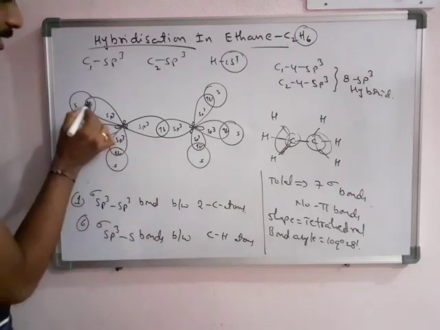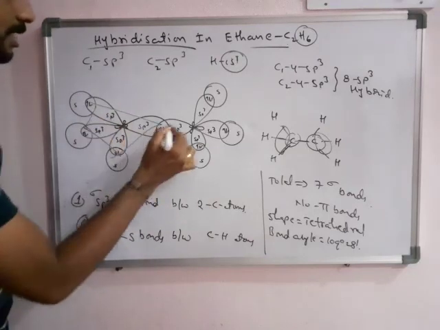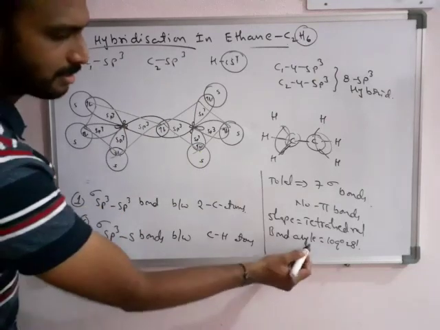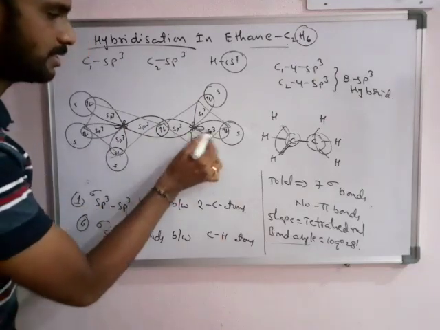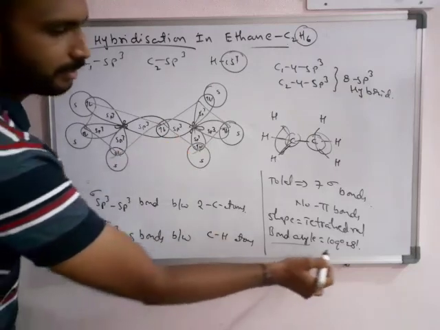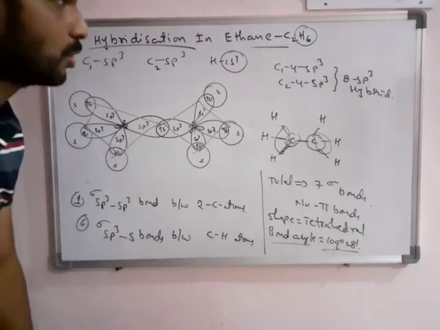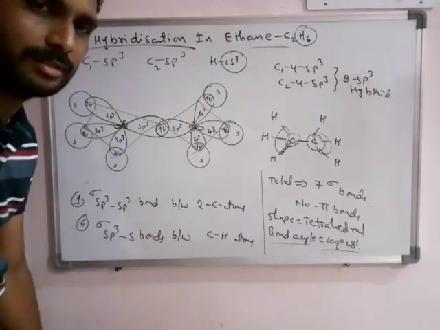Here, tetrahedral means this is one tetrahedral and this is one tetrahedral. The bond angle, the angle between 2 adjacent bonds, is 109 degrees 28 minutes. So this is the hybridization of carbon atoms in ethane. Okay.